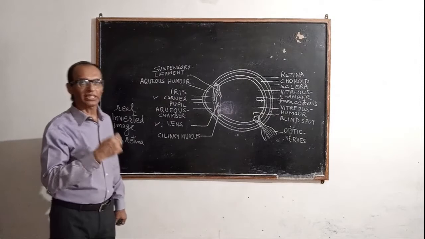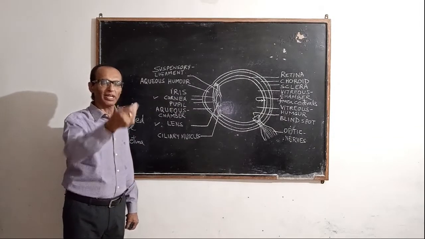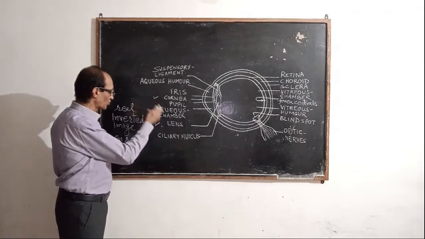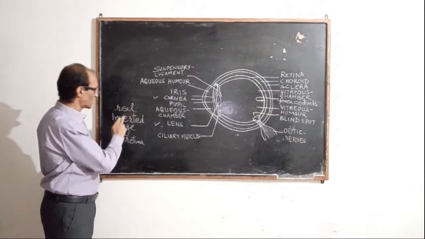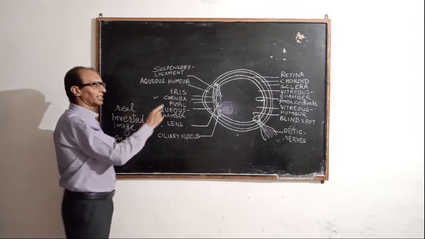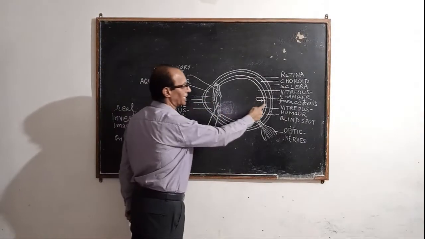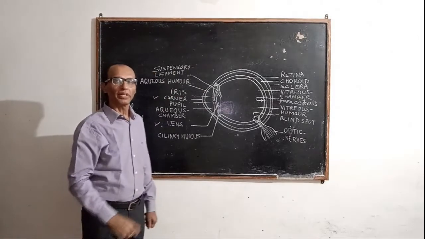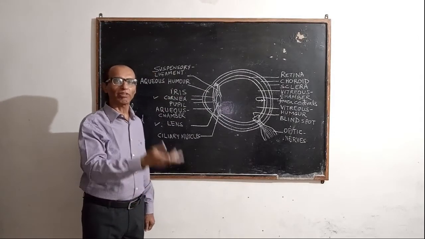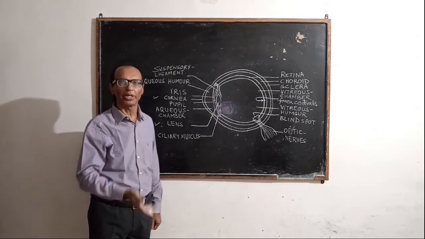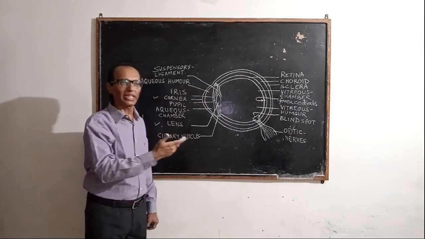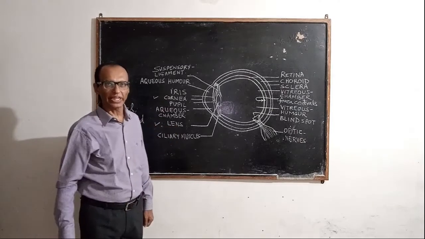Now you may wonder, but we see the person in front of us as upright. The image formed on the retina is real and inverted, and that sensation is carried by the optic nerves to the brain, where in the optic lobe it is sensed and interpreted, and it is re-inverted, and we visualize it as an erect object.